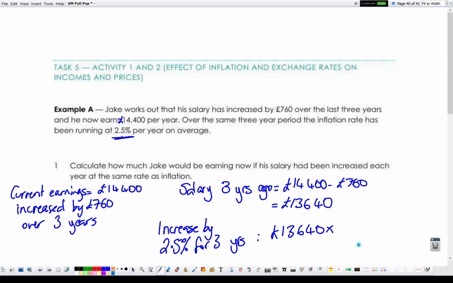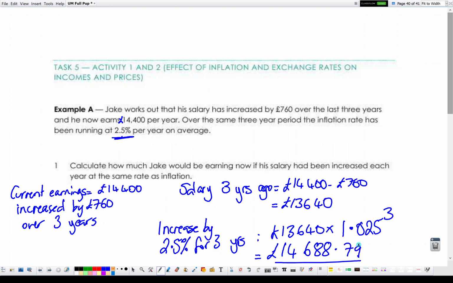If you remember, I work from percentage, 100 plus 2.5, so 102.5%, but we change that to a decimal, 1.025. That's just using our appreciation work. If we multiply it once, that's after 1 year. We want it after 3 years, so that's just to the power of 3. So we've got 13,640 times 1.025 to the power of 3. And that tells us that the salary would be £14,688.79 to the nearest penny.